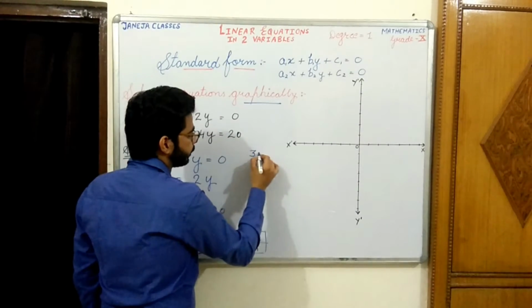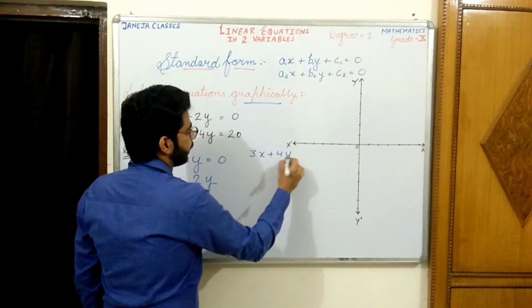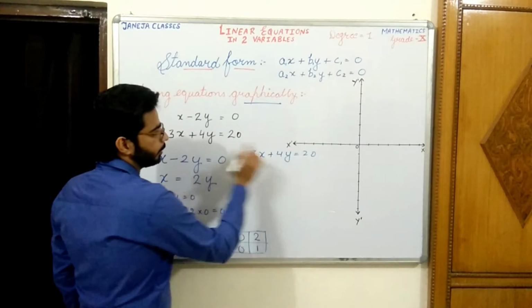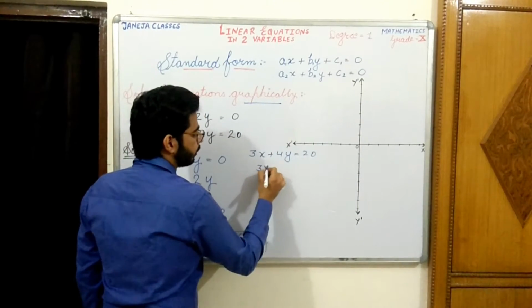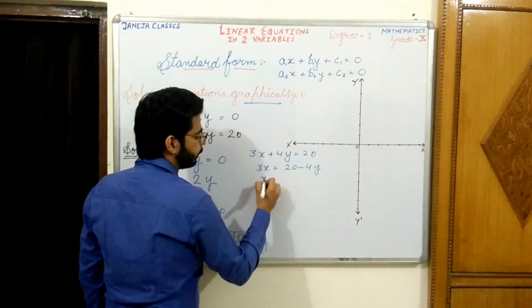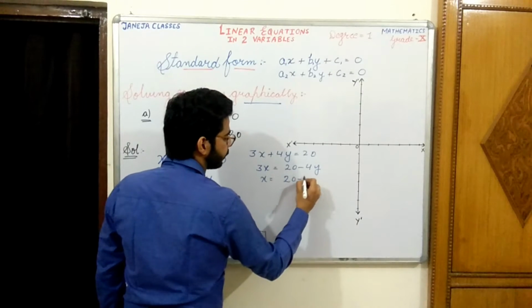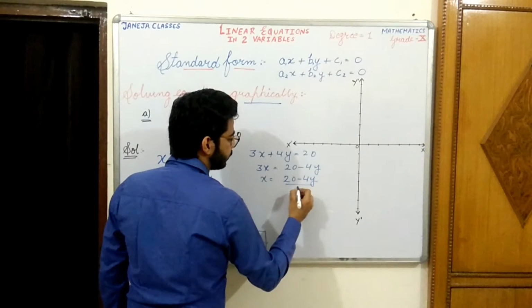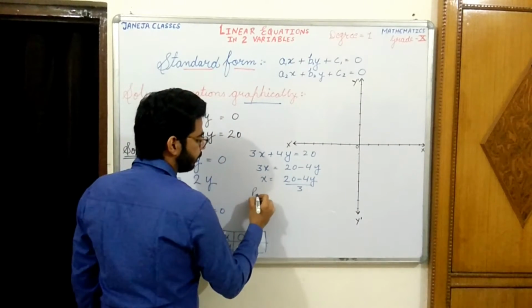Let us take the second equation, 3x plus 4y is equal to 20, that is given here. So again taking 4y to that side will become 20 minus 4y. After that you have to take that 3 also, so that we can solve the value of x later on. So now start putting the values.